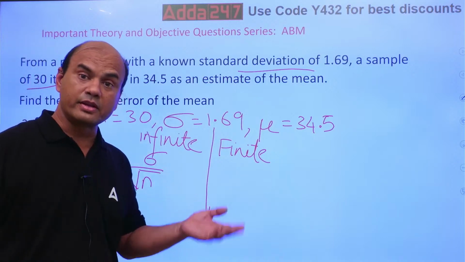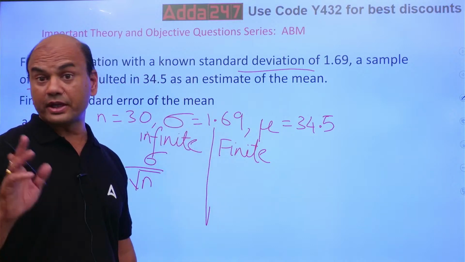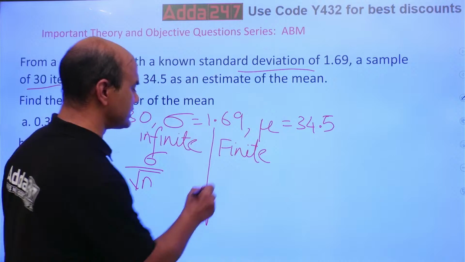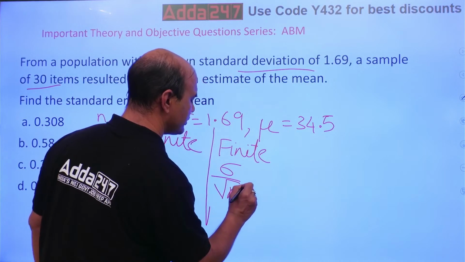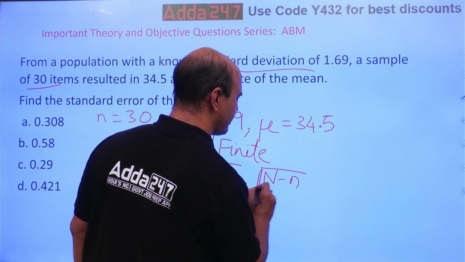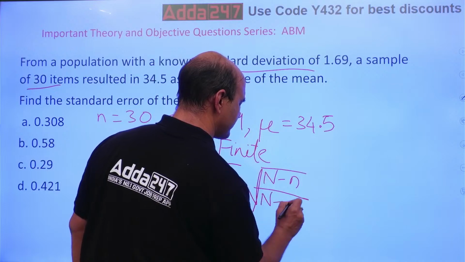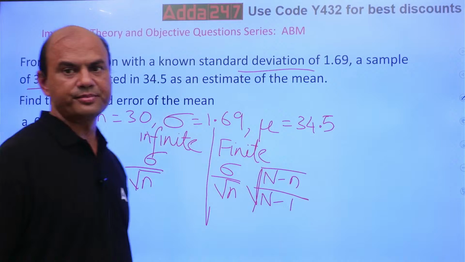If they would have given that the population is 200, then finite, then the formula is, see, sigma upon root of n into square root of capital N minus n upon capital N minus 1. This is the formula for finite population.